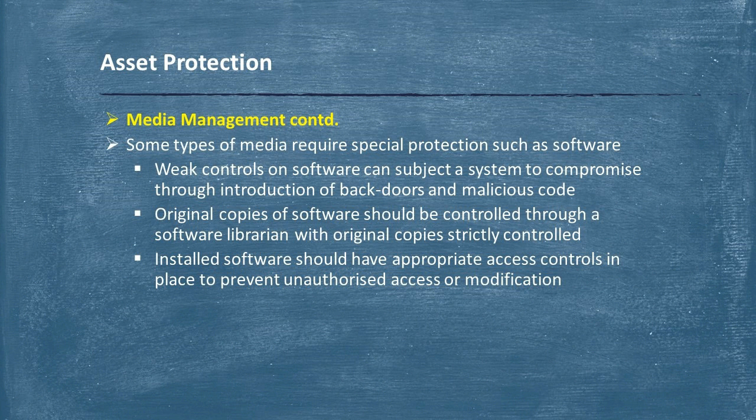A simple example is that, in an application, one can introduce a code which will not ask for a password for a particular user ID. So if one person has done that, then he has created a backdoor. He can enter anytime. So that is why it has to be protected.